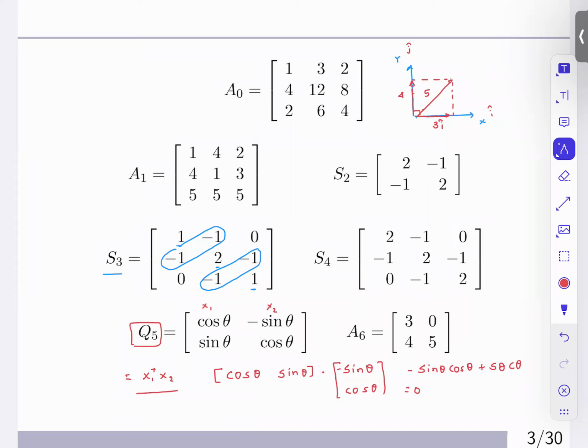The other thing I want to see here is, what is the determinant? If you look at the determinant of this matrix, it is cosine square plus sine square. So the determinant is 1. What that means is this is an orthonormal matrix.